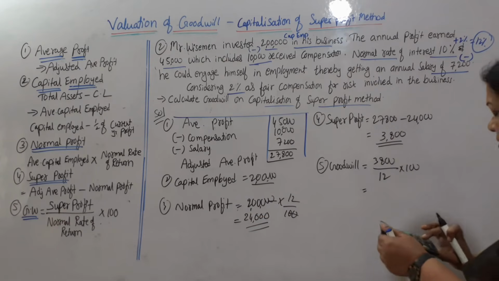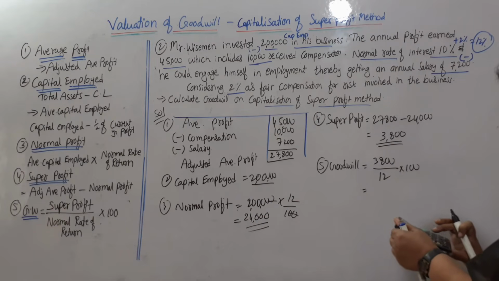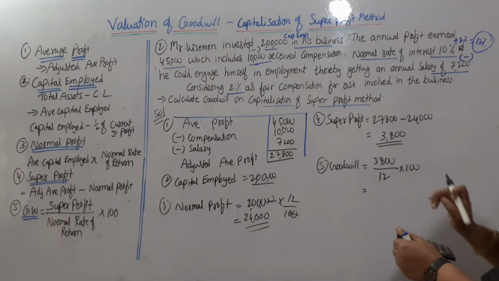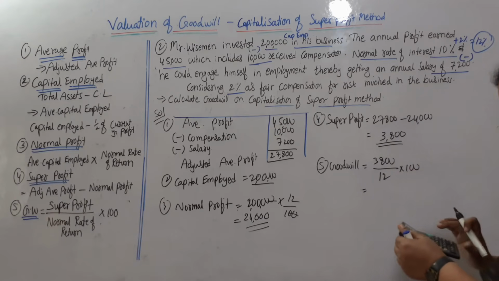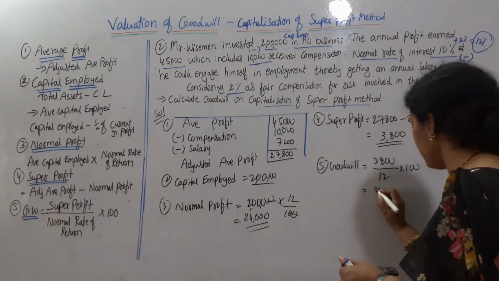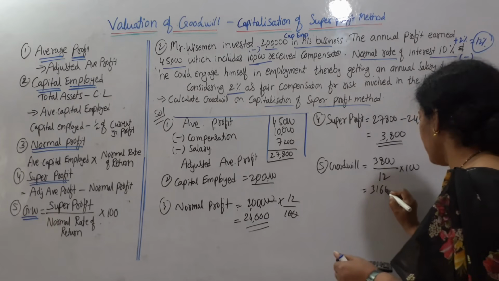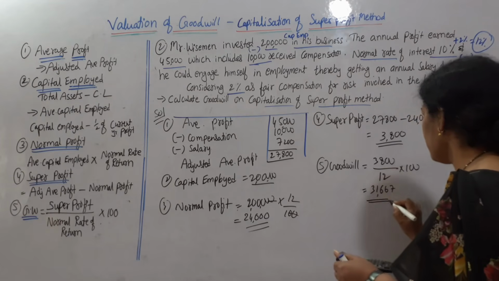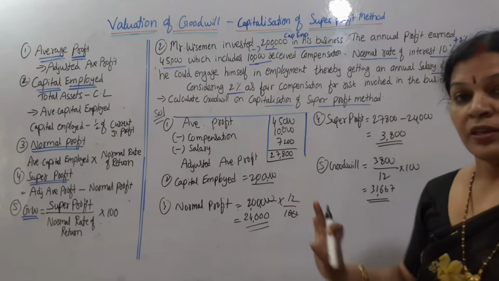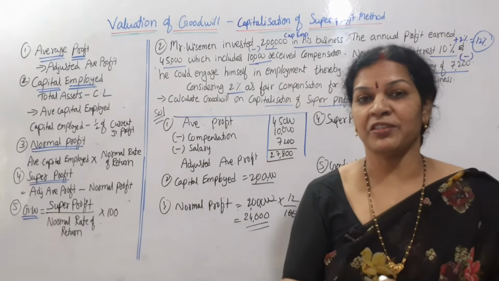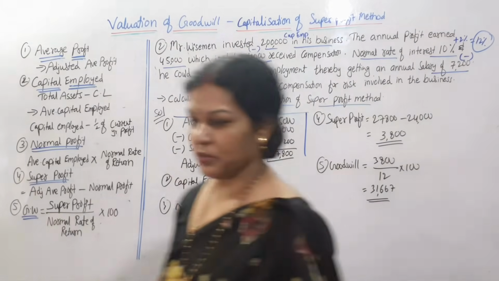So it is 3,80,000 divided by 12, which is 31,667. This is the goodwill. Once again, let me check the calculation. 3,800 divided by 12. Yes, that's all. Are you following? First take a screenshot or note down, then I'll give you the explanation once again.